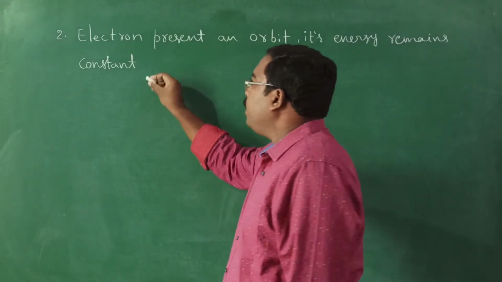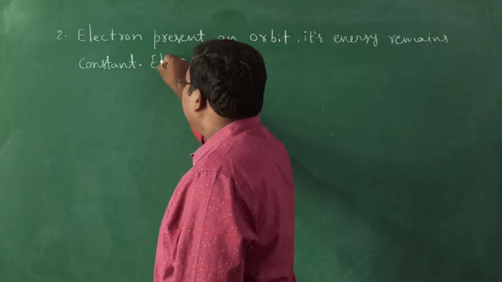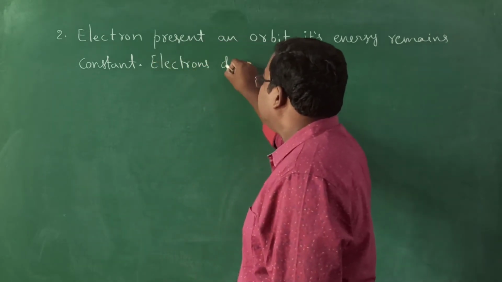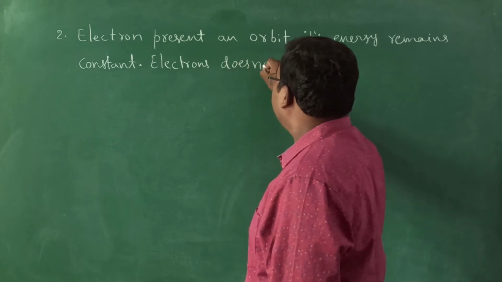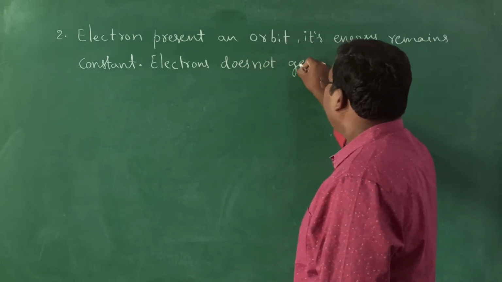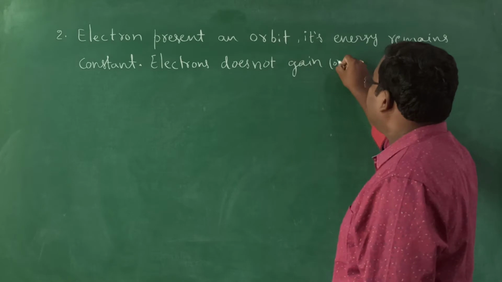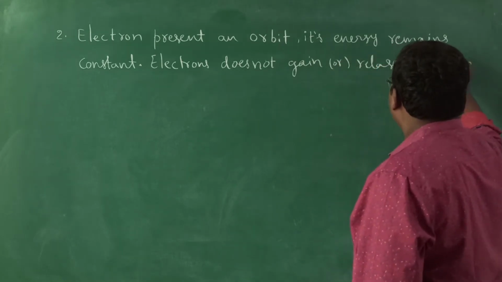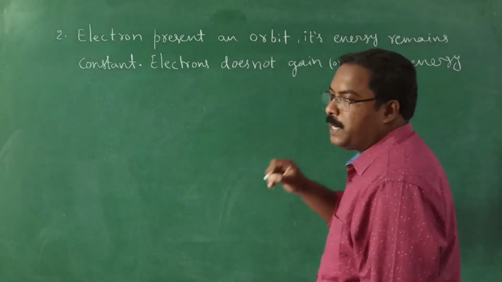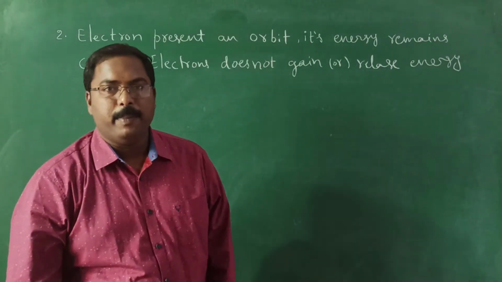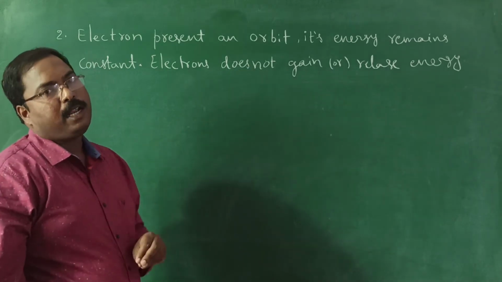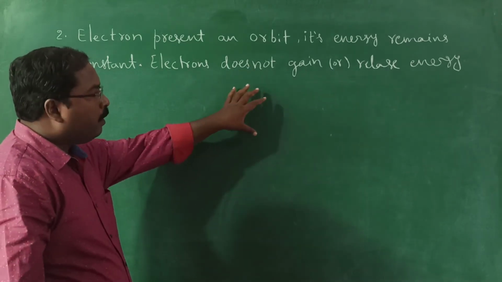What does it mean? The electron does not gain or release energy when it is present in a particular orbit. Got it? That is why these orbits are known as stationary orbits or energy levels.